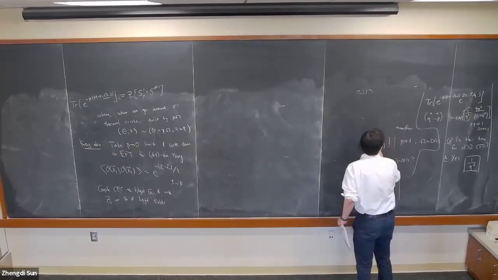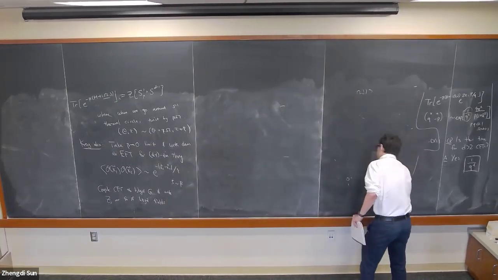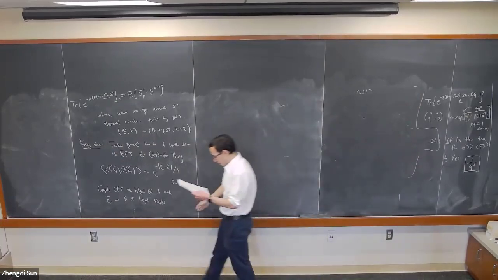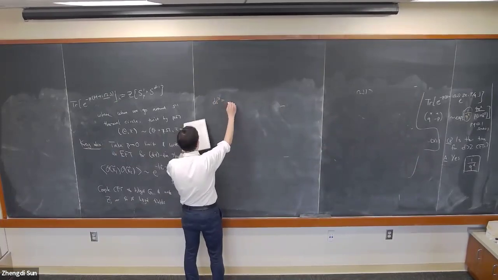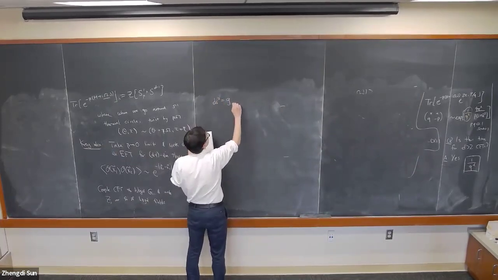So because this geometry is a circle, has a circle fibration, we can always put this metric in Kaluza-Klein form. So this metric, where now lowercase indices go from 1 to d-1.